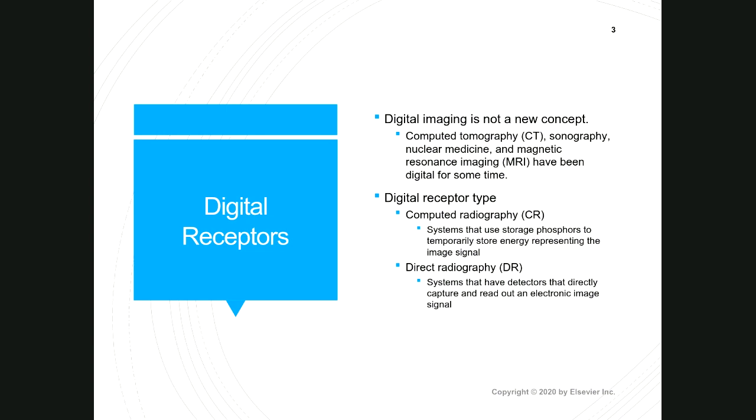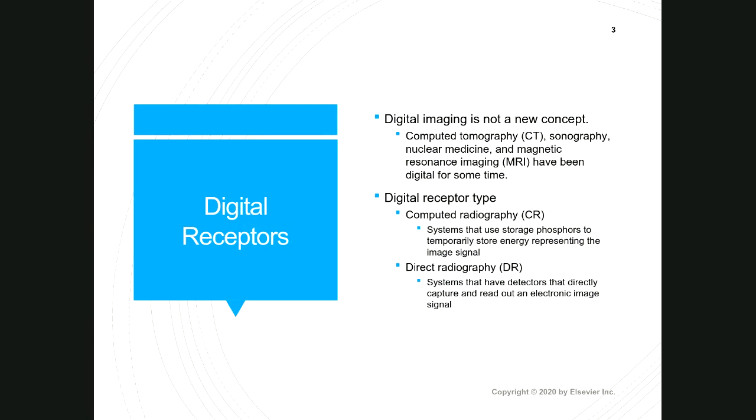With DR, which is direct radiography, you take the image and within seconds it comes up on your monitor as a completed image. So there's no taking anything anywhere. Like with film, you have to acquire the latent image and then process it. With CR, you acquire the latent image and process it.